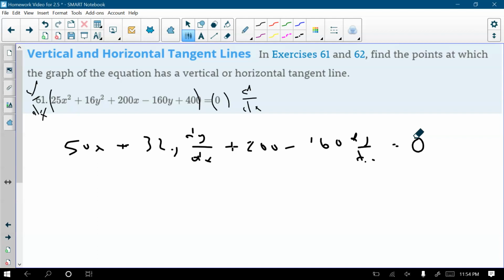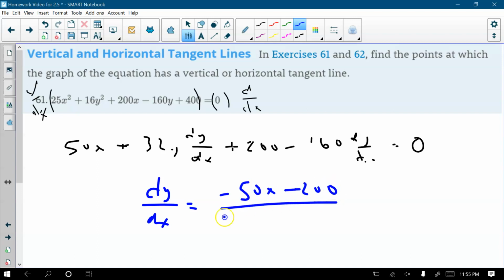Okay, let's solve for dy dx. I feel like there's a problem with the program. Okay, so dy dx equals, let's move everything over, so I have negative 50x minus 200 over 32y minus 160.